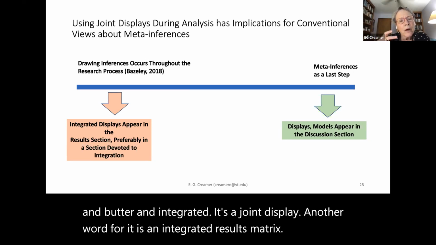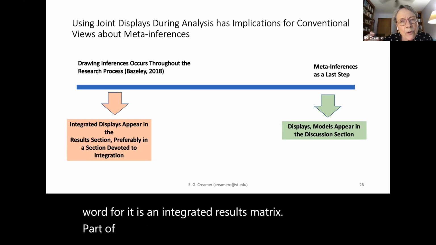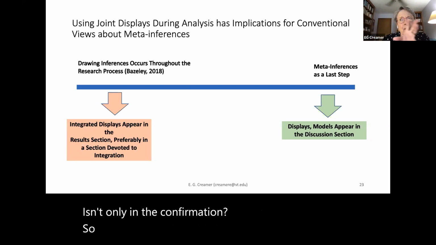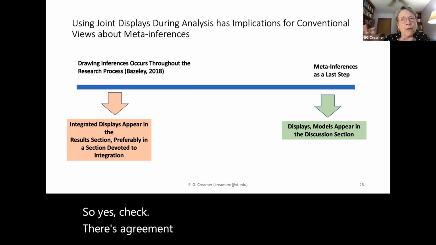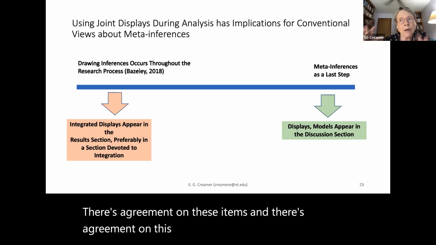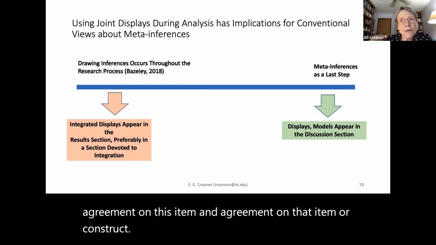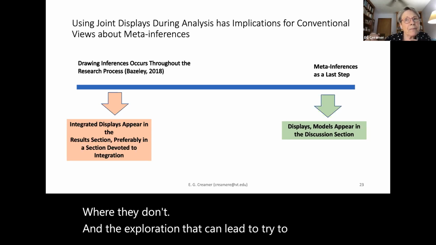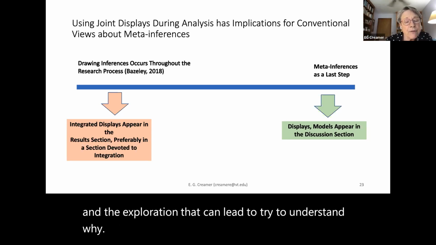And part of the excitement of those kinds of displays isn't only in the confirmation. So yes, check. There's agreement on these items, and agreement on that construct. But it's also where they don't jibe, and the exploration that can lead to, trying to understand why the findings are different.